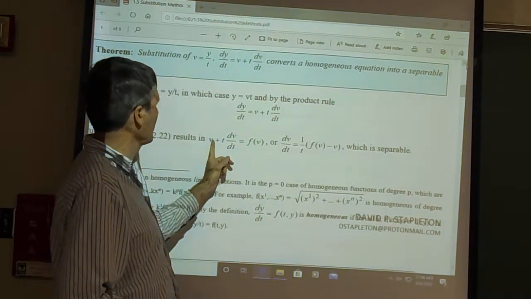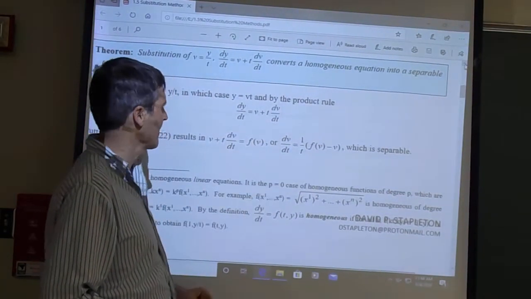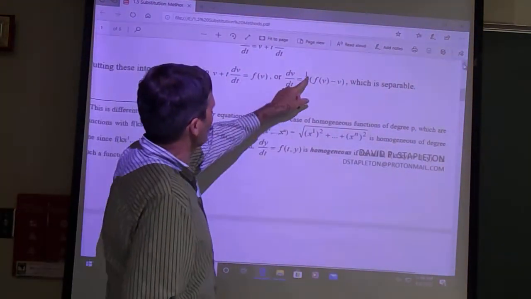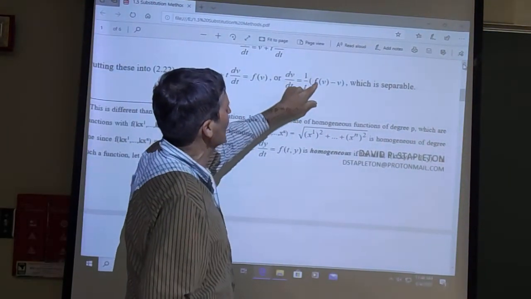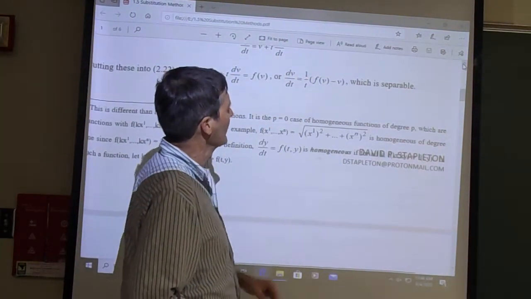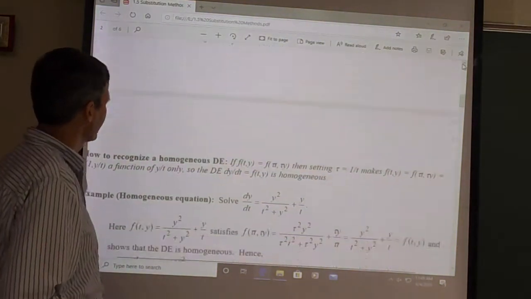Now, once it's in this form, you can subtract v over and divide by t, and you get this. And that's separable, right? Because dv/dt equals a function of v times a function of t, a product where you can separate the variables to each side.